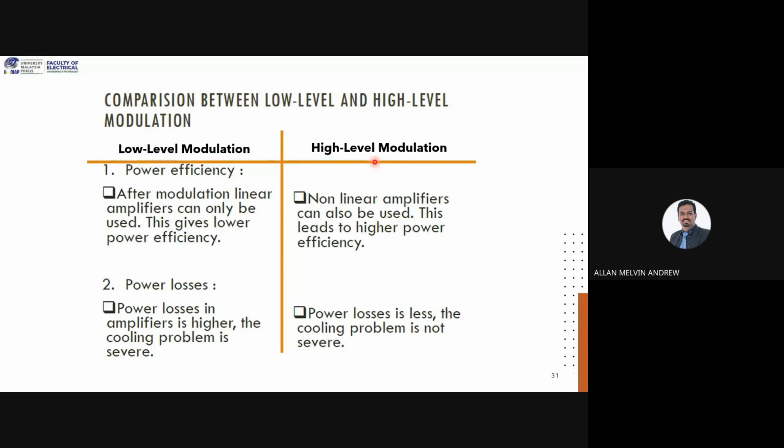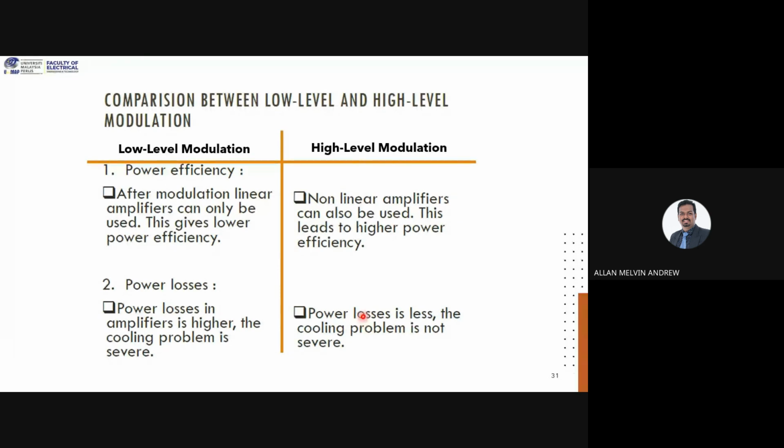Okay, but in high level modulation, the power losses are less, because it has some smart elements inside, as I said. So it can adjust, it can predict certain things, and it can control. It can do damage control by itself. So the power losses are less.